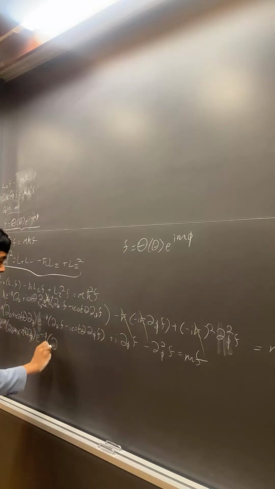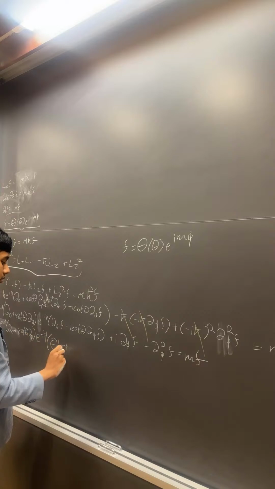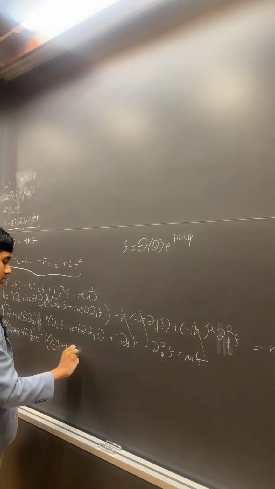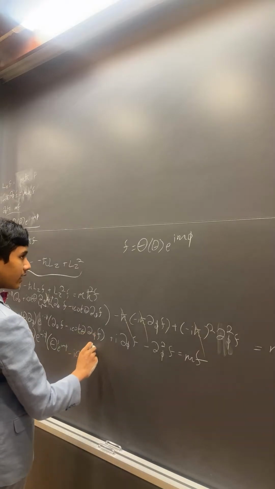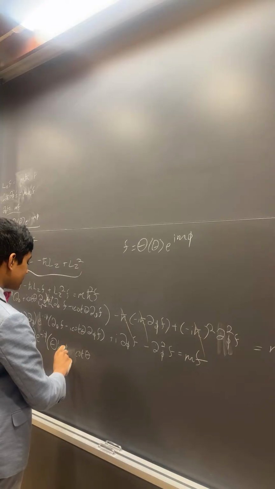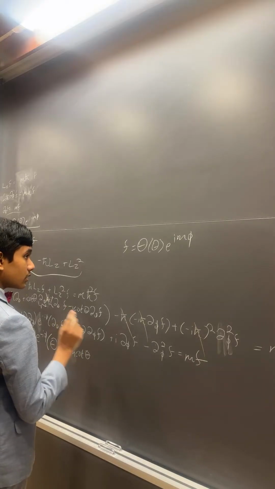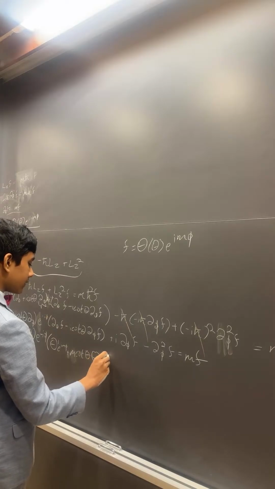Partial theta f is going to be theta prime e to the i m phi minus i cotan theta. Partial phi f is going to be i m, which is going to give us plus m cotan theta theta e to the i m phi.